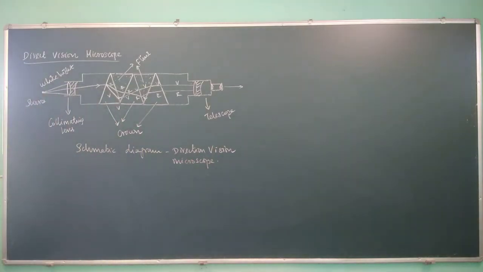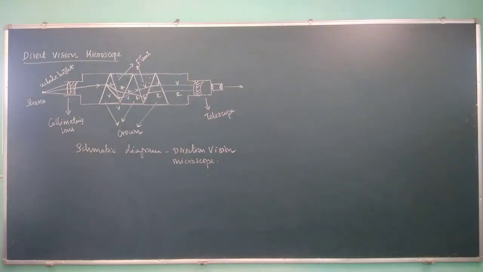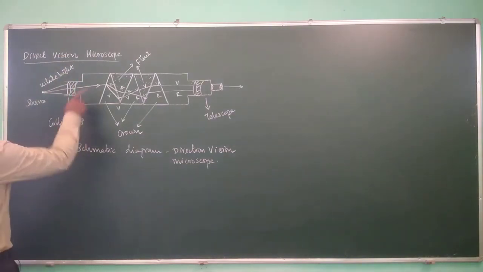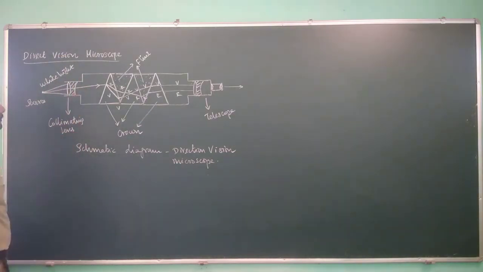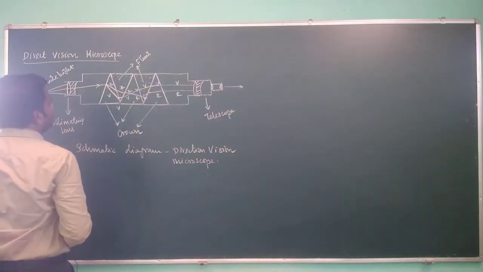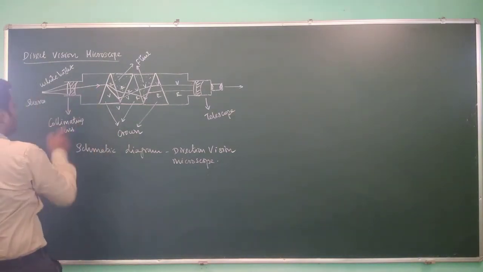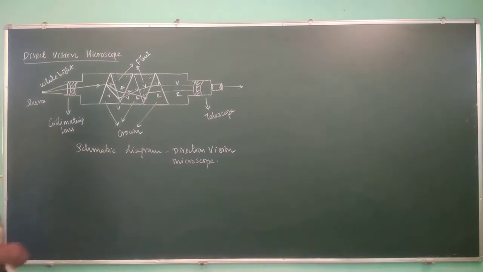Here you see there is a collimating lens which creates a parallel beam of light from the source light. That is the role of the collimating lens. The incoming light ray is parallel, thanks to the collimating lens creating a parallel beam of light.